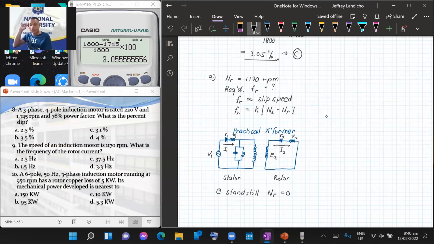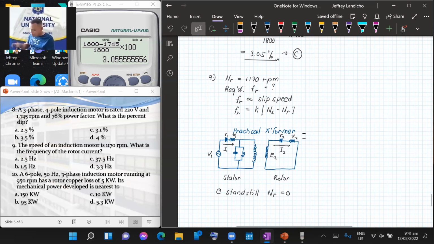Okay? So ibig sabihin, hindi pa umiikot itong ating motor. Parang sinabi natin at standstill, that is at starting. So at standstill, NR is 0. The behavior of your induction motor, that is the same as your transformer. So the behavior of your induction motor, it is also the transformer.